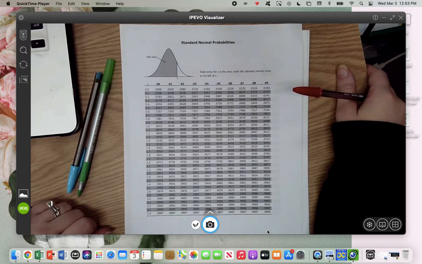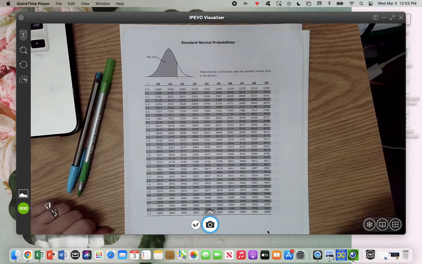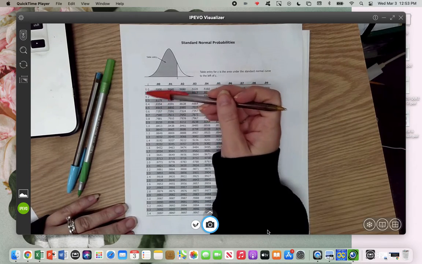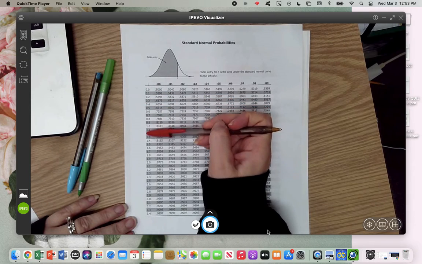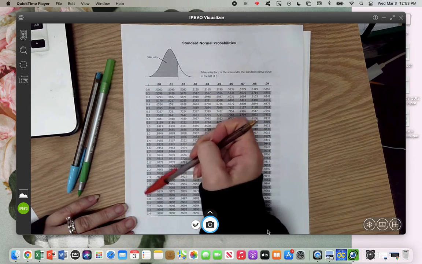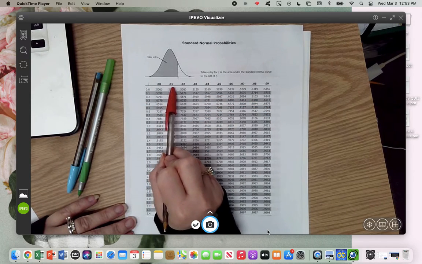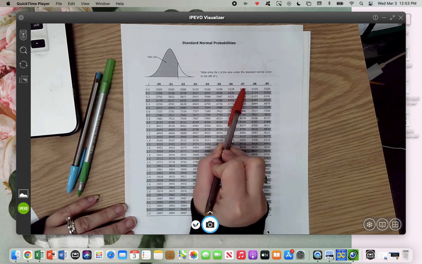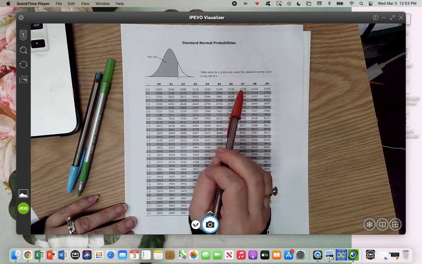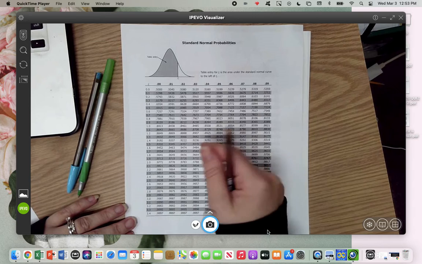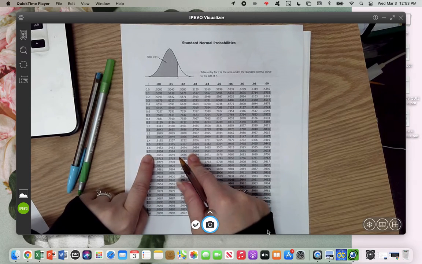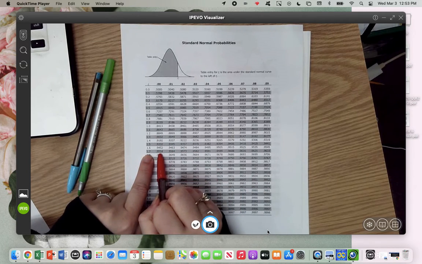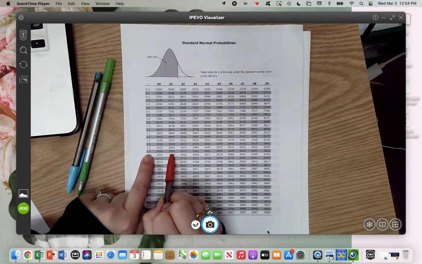So whenever you are looking at a z chart, we have z-scores going down the tenths, and then these are the hundredth spots. So if you want 1.72, you go to 1.7, this would be 1.70, this is 1.71, and then right here would be 1.72.